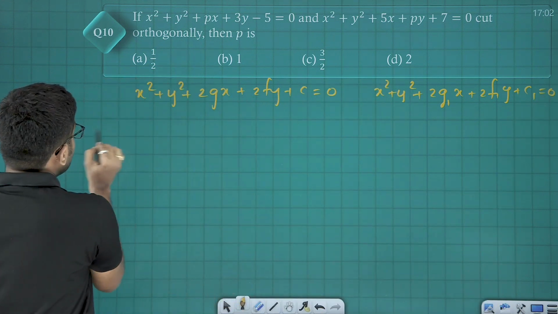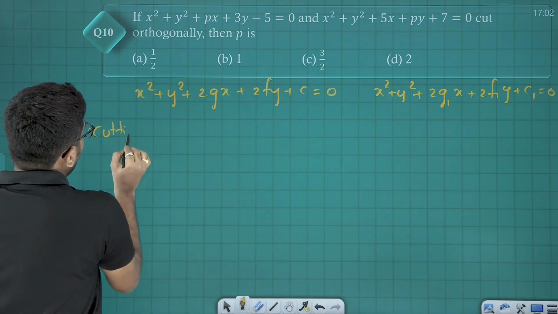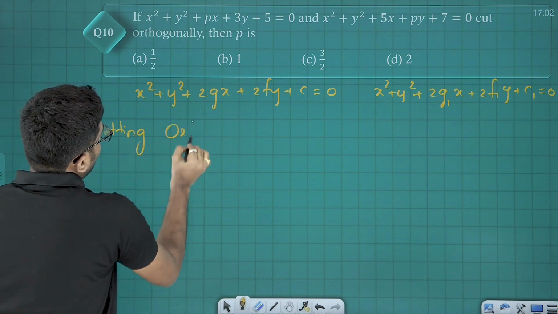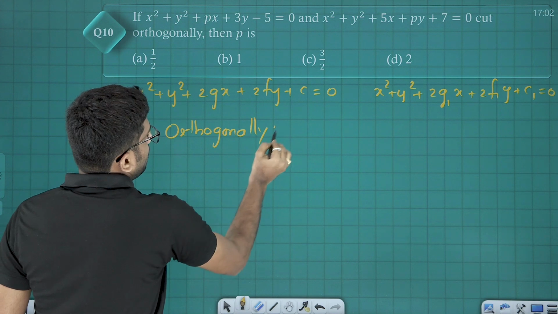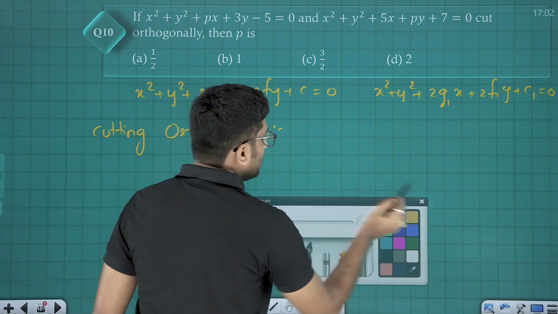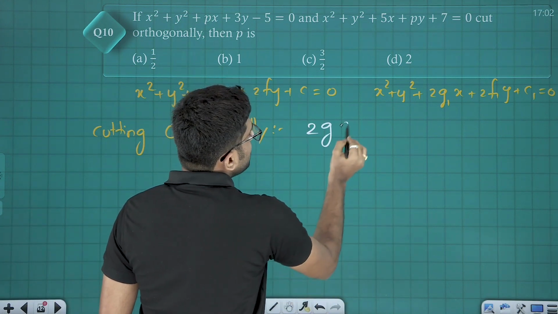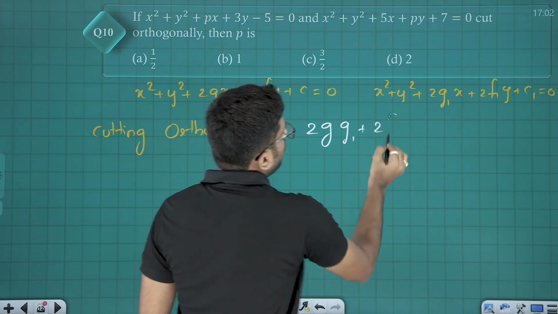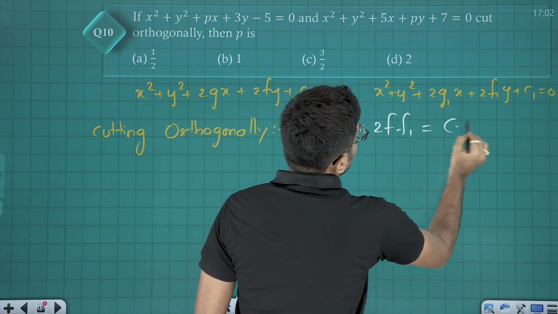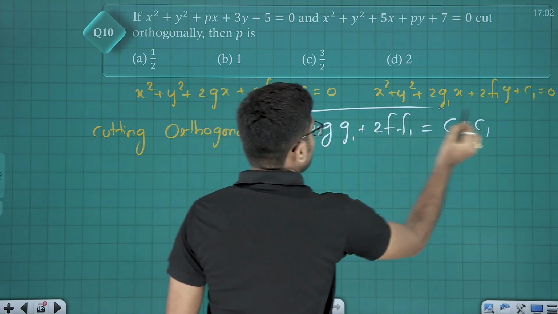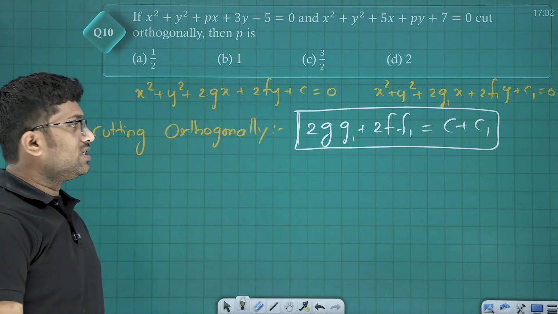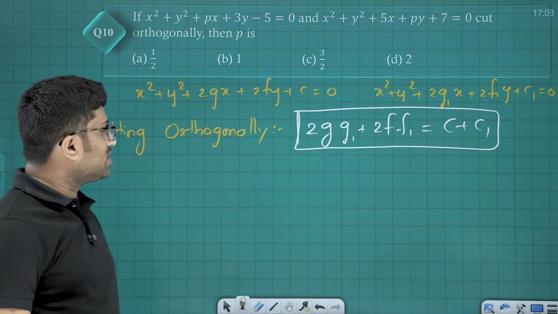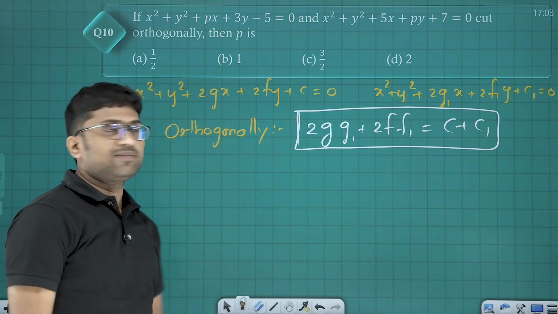If these two circles are cutting orthogonally, then the condition is 2gg1 plus 2ff1 equals c plus c1. If two circles are cutting orthogonally, 2gg dash or 2gg1 plus 2ff1 equals c plus c dash.